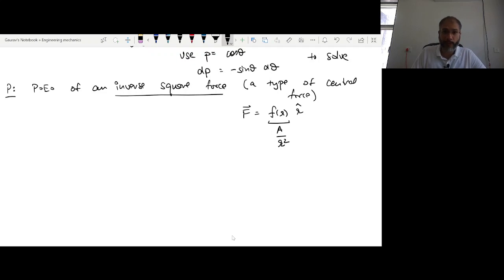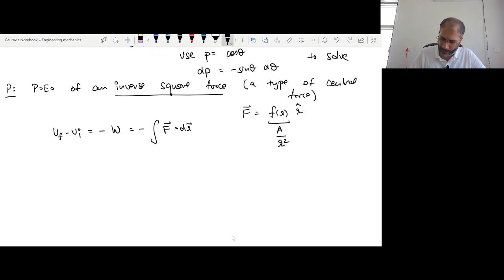So by the definition of potential energy, we said that the change in potential energy is the negative of the work done due to the internal force. So this becomes minus the integral of F dot dr along a given path, but this is a conservative force, so we don't need to define the path, we only need to define the initial position and the final position.